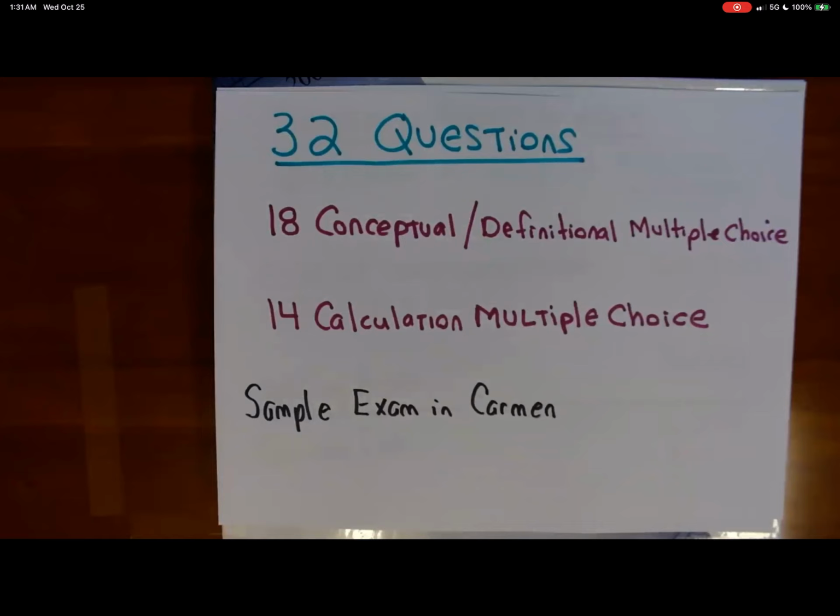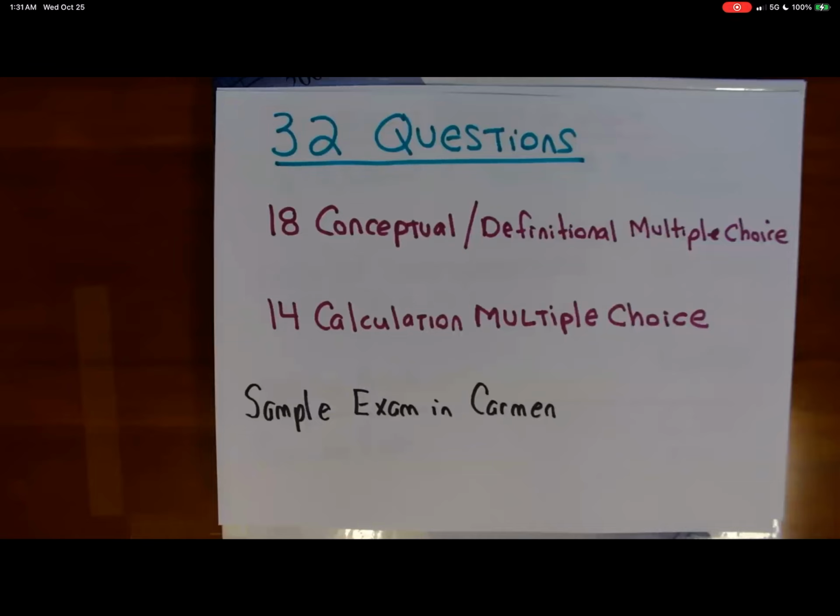For example, a good one might be: cash paid for utilities would be classified as an operating activity, an investing activity, or a financing activity. And we would know, or should know, that is an operating activity because it relates to expenses.